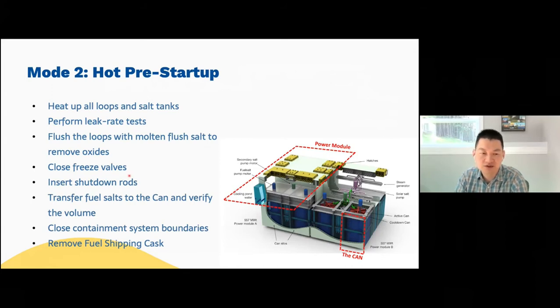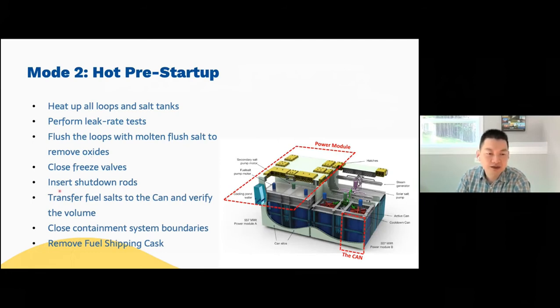So how do we do that? The freeze valve has a band such that when you flush the system, there will be some residue salt left in the freeze valve. Then you can freeze that salt to be solid, and then you can stop the flow. So the freeze valve will be formed in this mode.